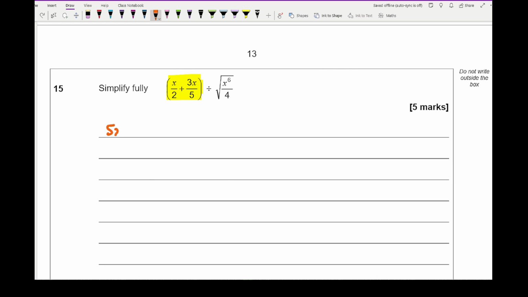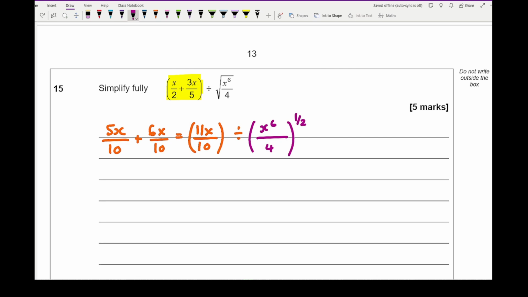So that's going to be 5x over 10 plus 6x over 10, giving me an answer of 11x over 10. And then I'm dividing that by, now square rooting anything is just raising it to the half, so that's going to be 6x to the power 6 divided by 4 to the power of a half.